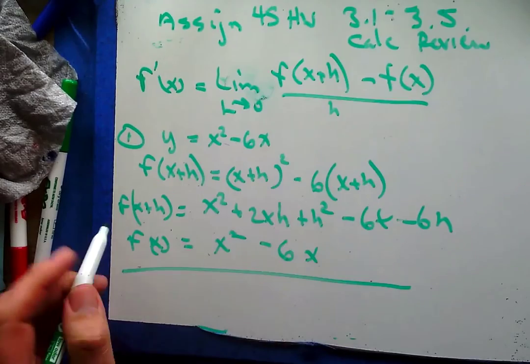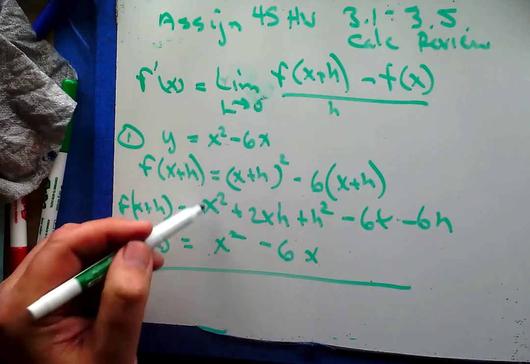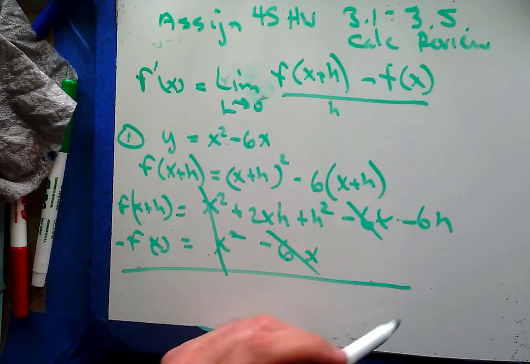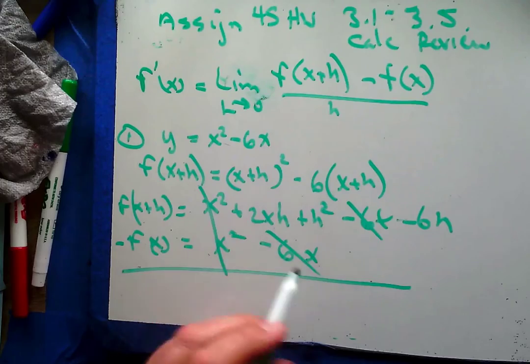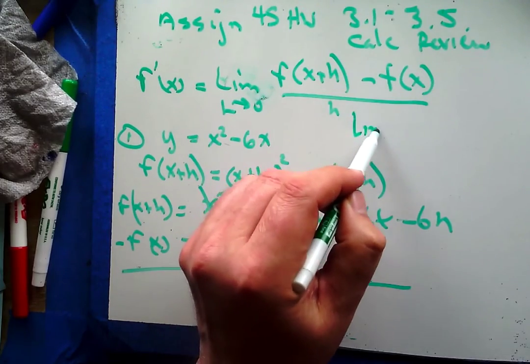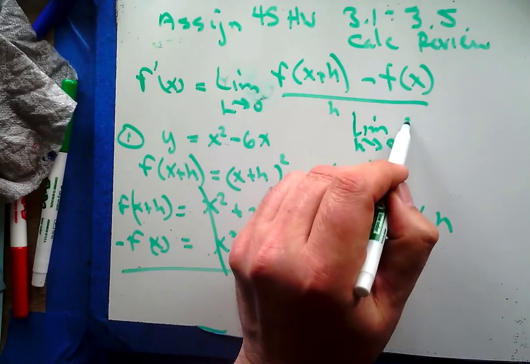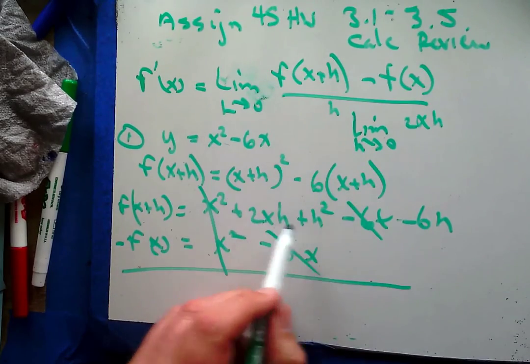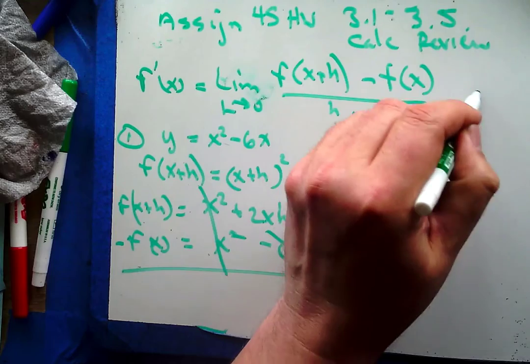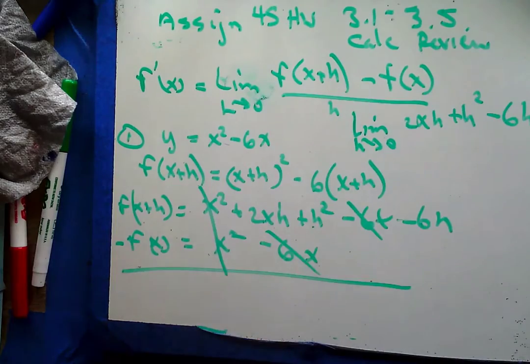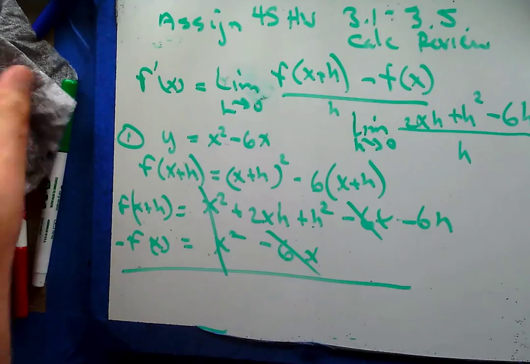And according to this difference quotient, we want to subtract. So these will cancel, and these will cancel. And so we're going to be left with the limit as h heads to 0 of 2xh plus h squared minus 6h all over h.